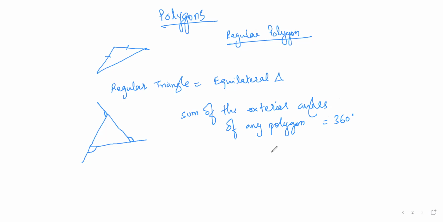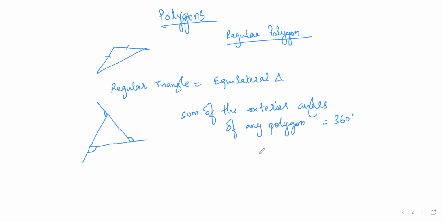It doesn't just hold for a triangle, but for any polygon: quadrilateral, square, trapezium, a pentagon, a hexagon, octagon, nonagon, and so on and so forth. The exterior angles add up to 360.